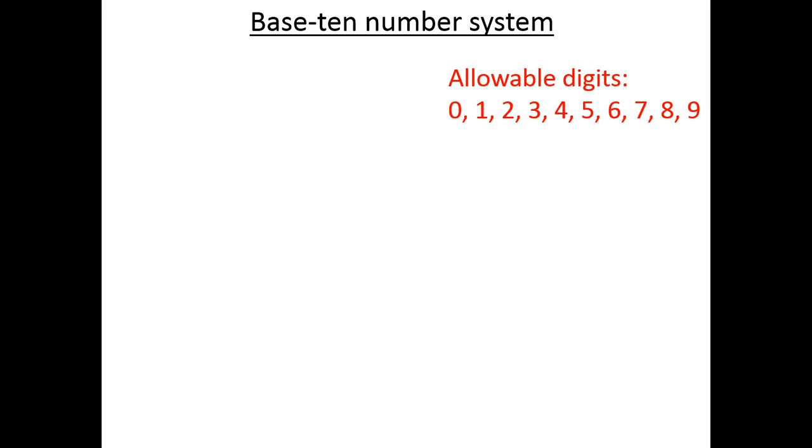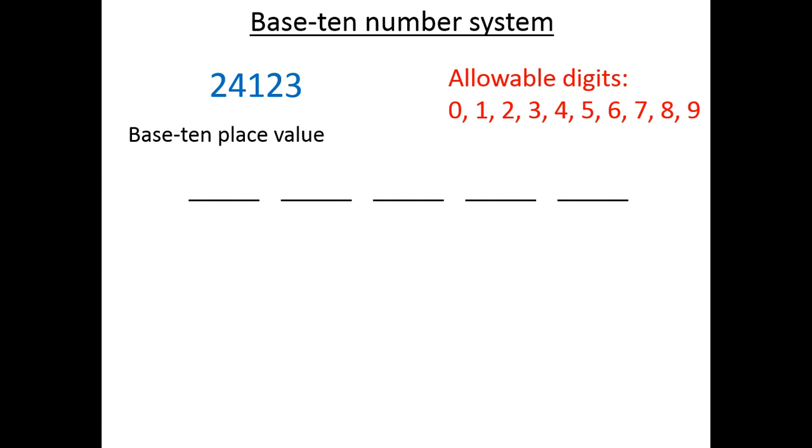So in our base 10 number system, we have these 10 allowable digits that we put together along with place value to represent numbers that are bigger than 9. So if we look at this number, 24,123, what is that? Well, let's think about the base 10 place value.